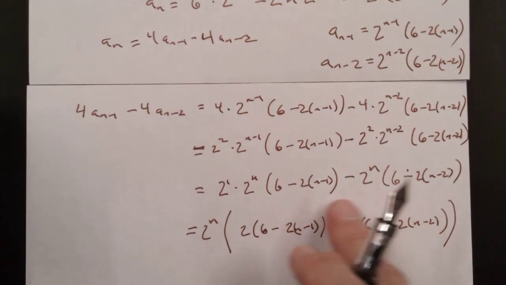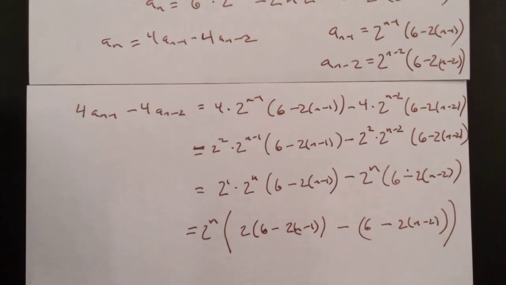Okay, now I'm going to try and deal with all this. I've got 2 6's, that's a 12, minus 4 times the quantity n minus 1, minus a 6, minus a minus becomes plus, 2 times the quantity n minus 2.